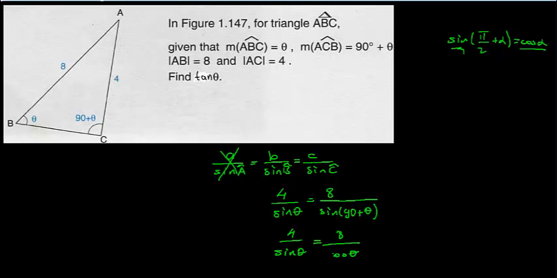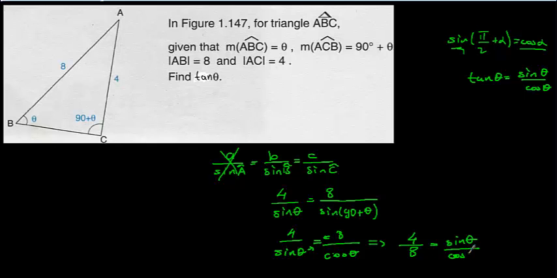Now we know that tangent theta is equal to sine theta over cosine theta. So I'm going to replace only these two. To find the sine over cosine, 4 over 8 is equal to sine theta over cosine theta.